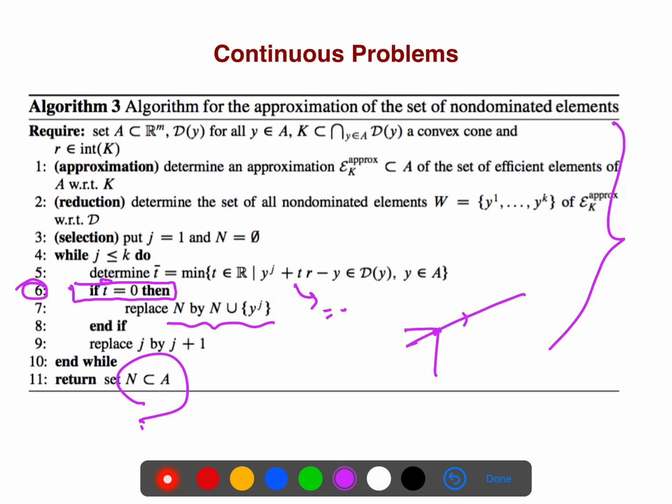Because we have many directions. For example, this is the reference, and we go in direction r, and we have many other points as well.